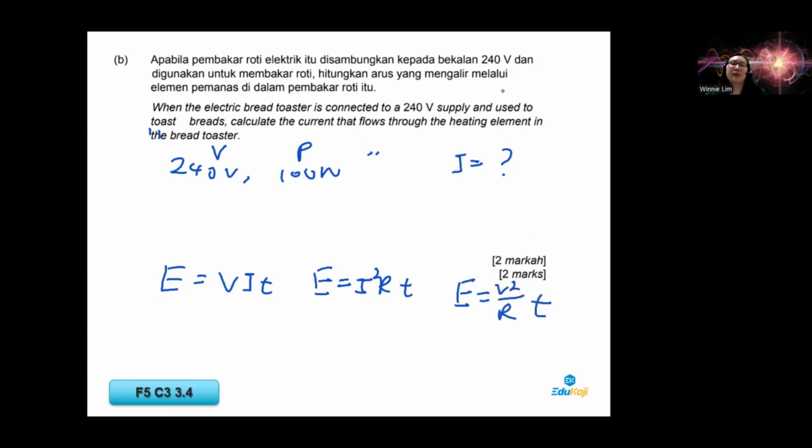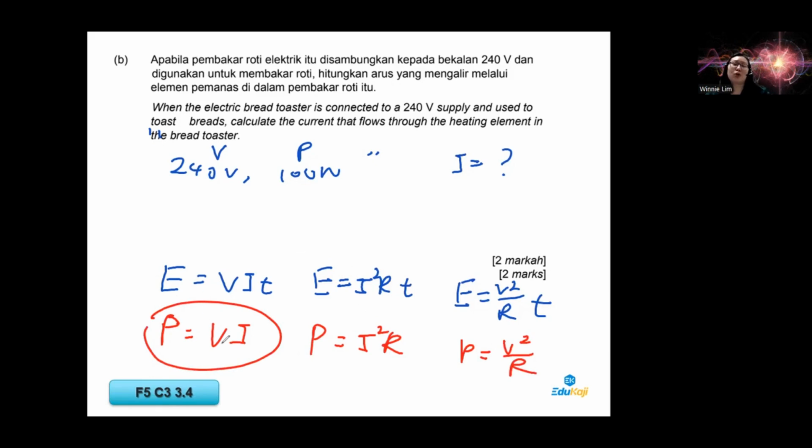Then power is energy over time. Hence, you divide by the time, you cancel out the time. So P equals VI, P equals I squared R, P equals V squared over R. So in this context, we will always use this. If you find it hard to remember all these formulas and they are not provided in the formula list, I think this formula is quite popular and easy to remember.